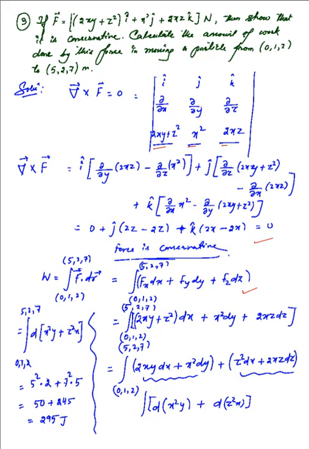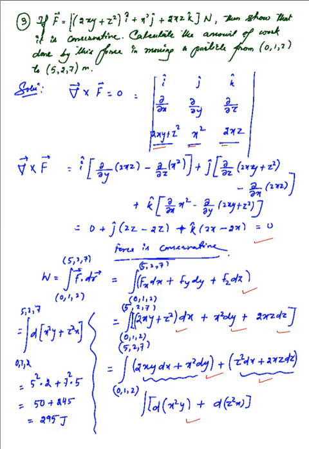We take the dot product of the i, j, and k components, and we get these two terms. If you observe them closely, they are simply exact differentials: d of x squared y, and d of z squared x.